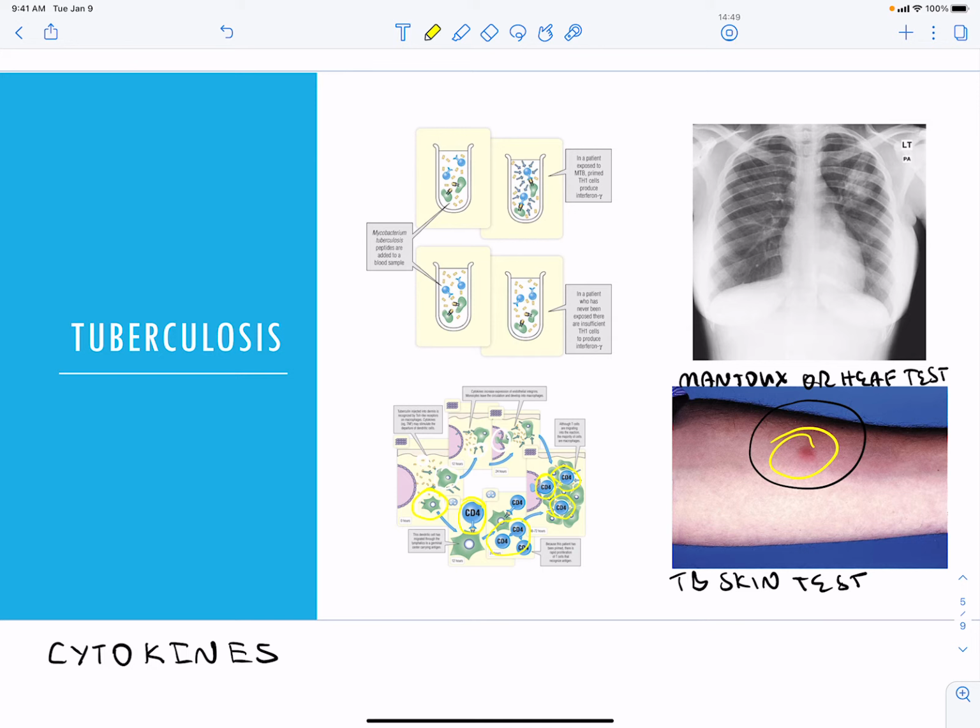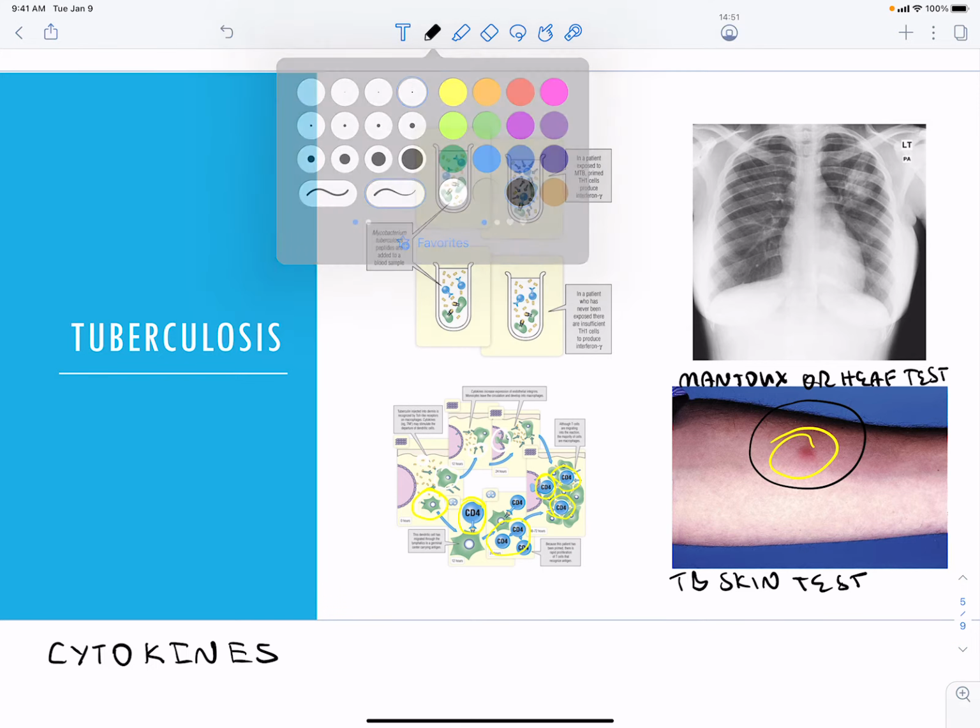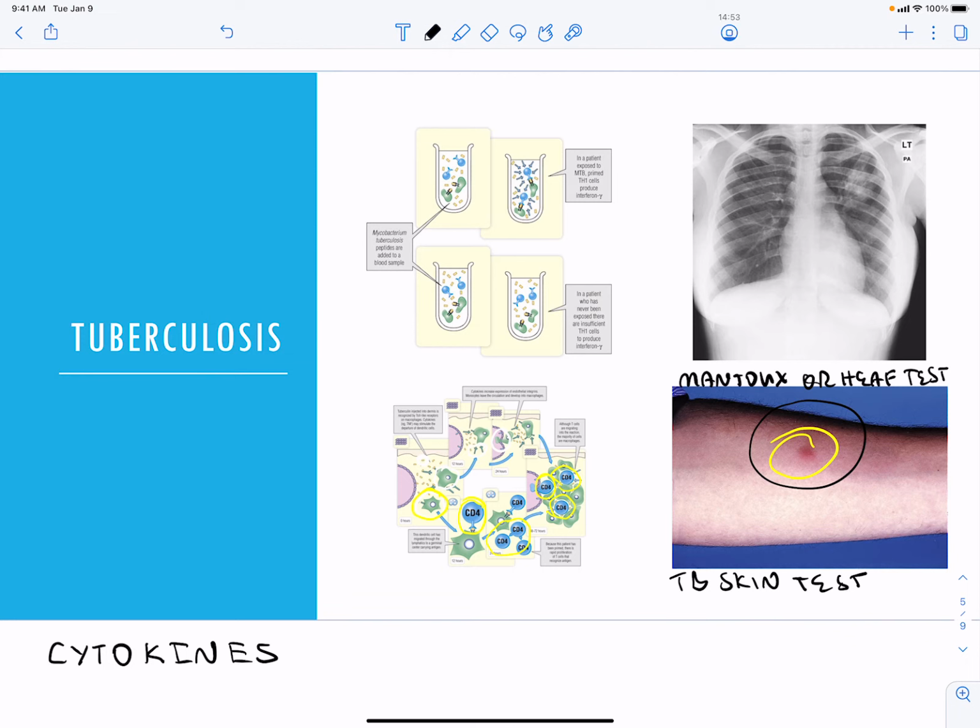And the result is that you will have a red spot, and that will be a positive tuberculin skin test. Now, one of the things about this TB skin test, it cannot differentiate between your infection or vaccination.